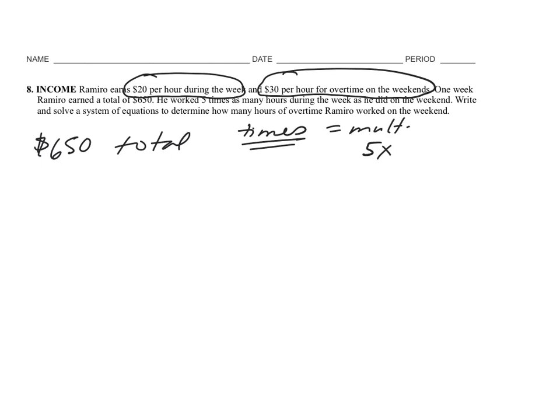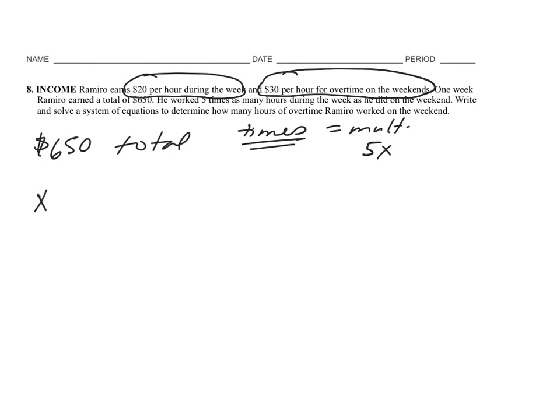So I know this one's a little harder, but can you identify the variables? Which 2 different things are we talking about? Time and money is right, but there's 2 different ways he can earn money.